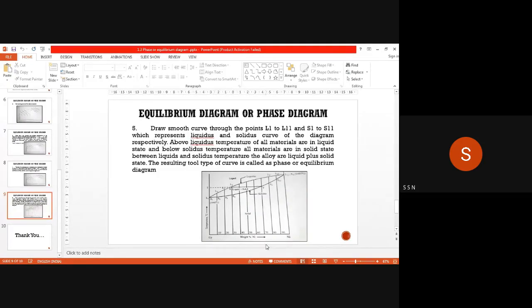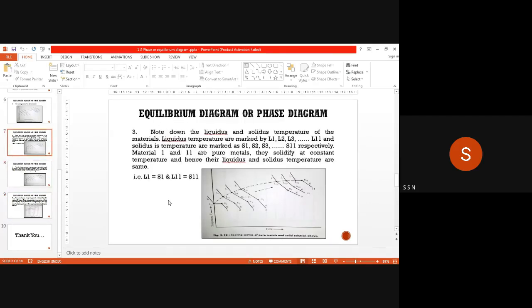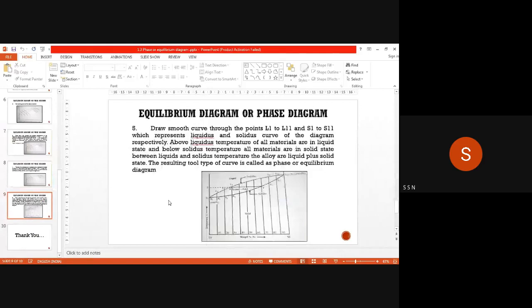For each composition, what will be the cooling curves? For different compositions, different cooling curves will be there, and we will plot those cooling curves one by one. In this diagram it is shown. We will join all the points and draw this kind of phase diagram, which we will see further.